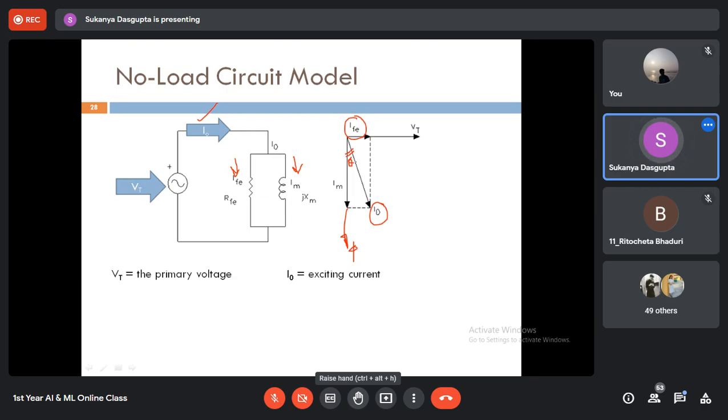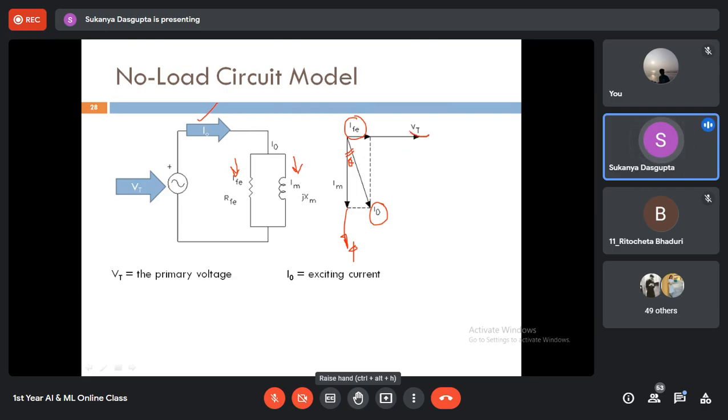So in practice, we should assume that this vector I0 is almost in phase with this vector phi. Because if this angle becomes 0, then only will this practical transformer act like an ideal transformer. That means if we can make this vector I0 in phase with phi, then we can conclude that the transformer has very, very small loss. It behaves like an ideal transformer.